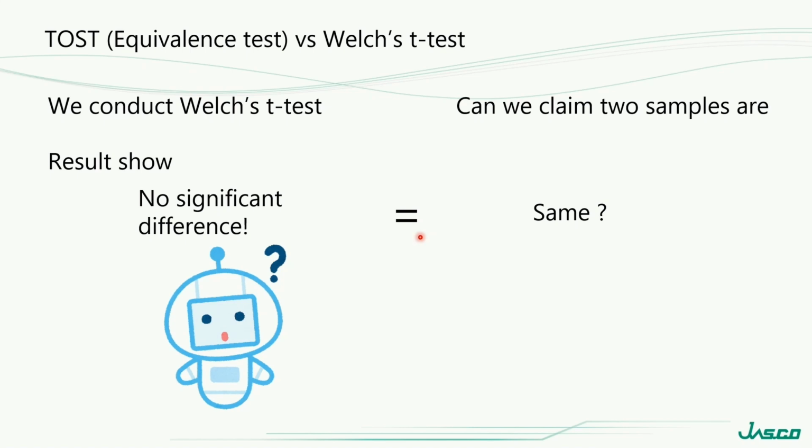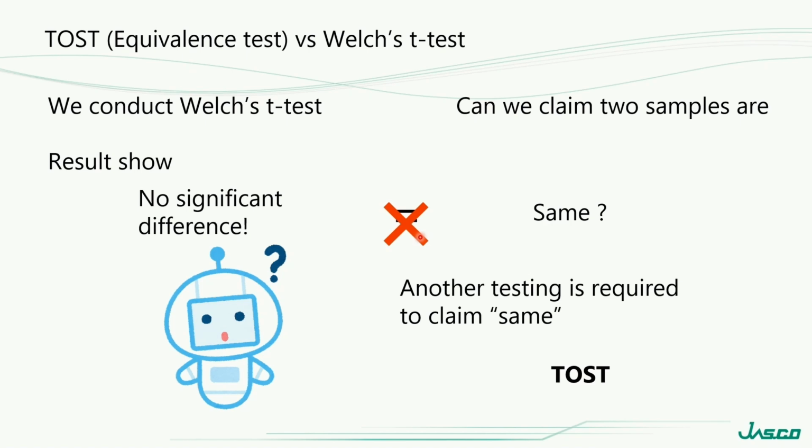That no significant difference equals same? The answer is no. Welch's t-test can only detect differences. So when we claim sameness or equivalence between the two samples, another testing method should be applied. That is the TOST.